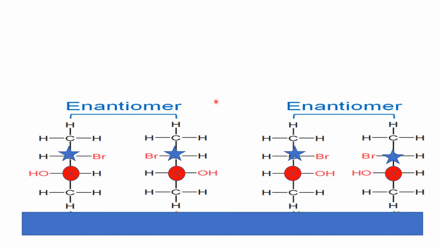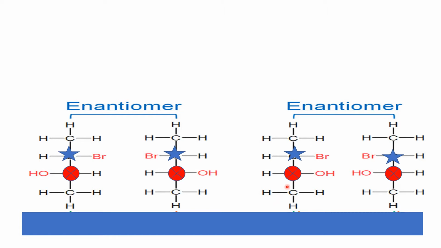Hence, these first two compounds are enantiomers. When I consider the change in arrangement of atoms or groups of atoms in the second and third carbon atoms, which are asymmetric, these two pairs are obtained.